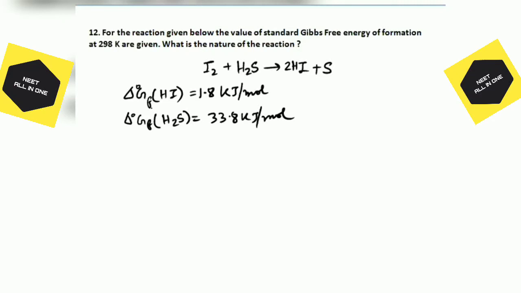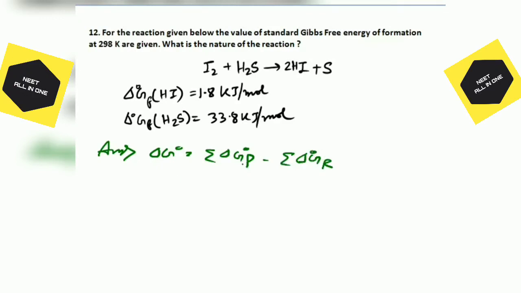Now in this question, what we have to do is know a formula, that is del G naught is equal to summation of del G naught of products minus summation of del G naught of reactants.